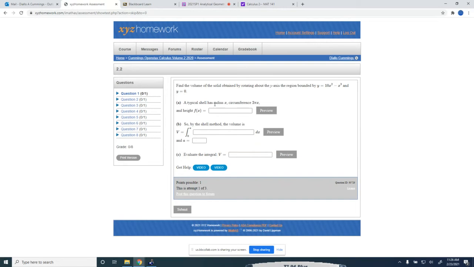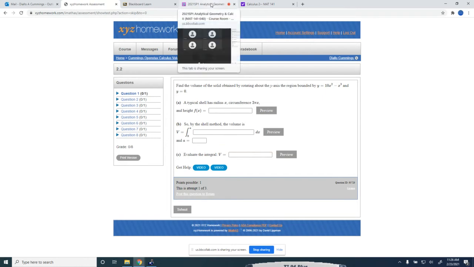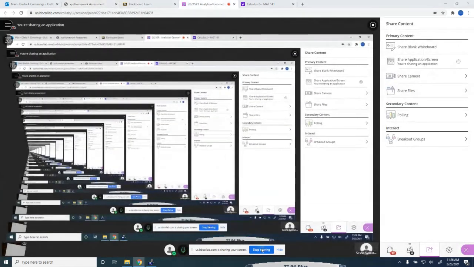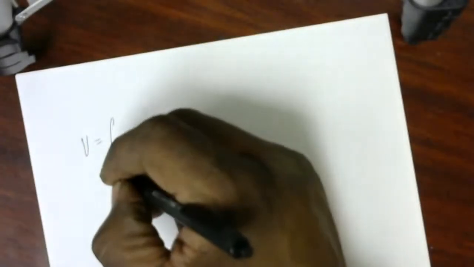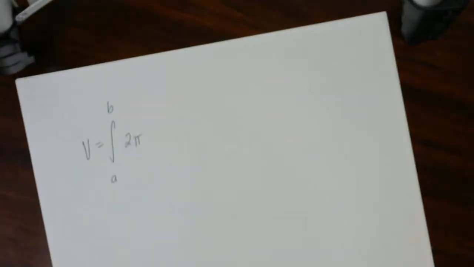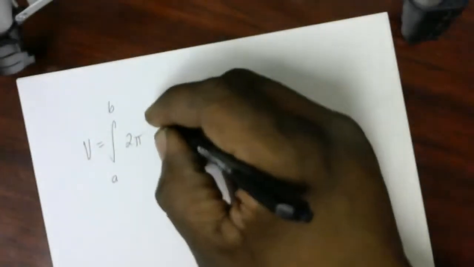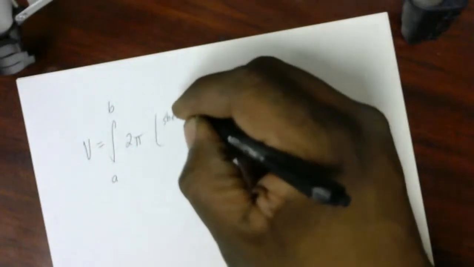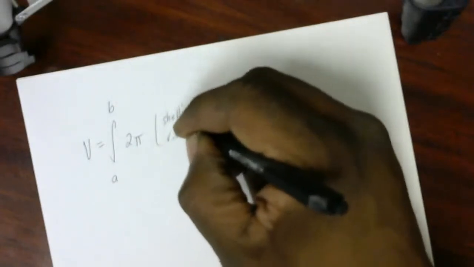So remember that the shell method was the volume is equal to the integral from a to b for 2 pi times the shell's radius.